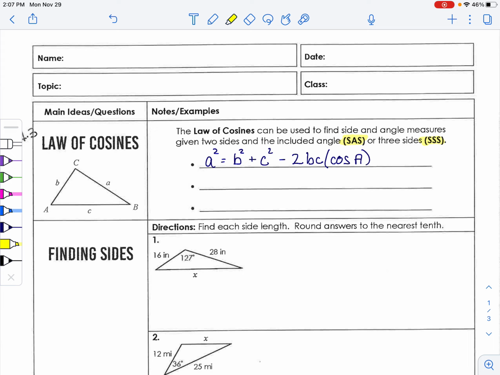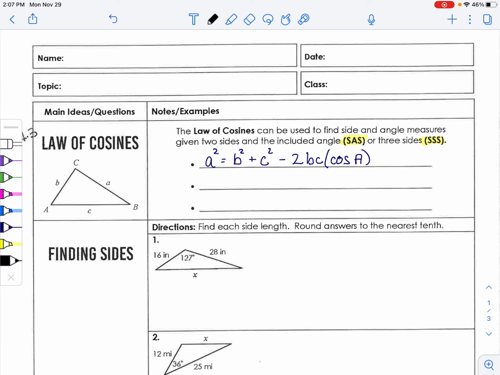And what I want you to notice is you started with side A and you're going to end with cosine of A. The two sides I was talking about a moment ago were sides B and C, and they were on the same side of the equal sign as you were working with. Let's do that one again because it's all the same pattern. So let's do this next one.